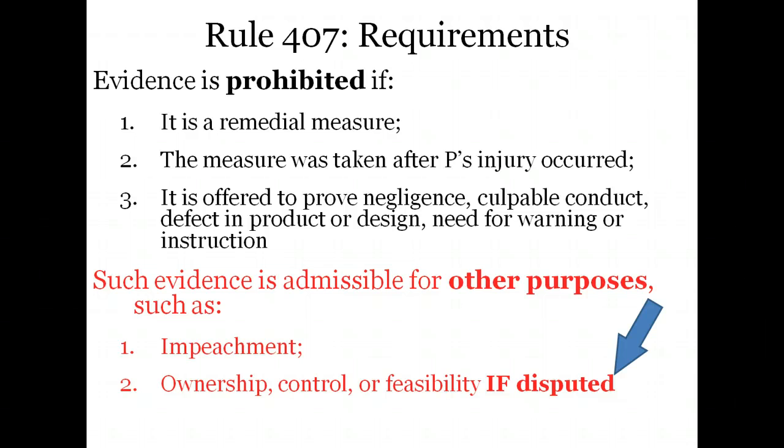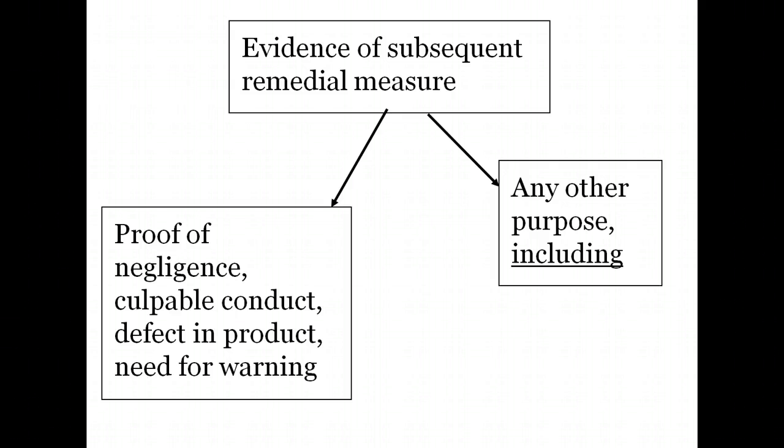Okay, so let's get one last overview of the rule, and then I'll be asking you to take a little quiz on it. So we have evidence of subsequent remedial measure. When that is offered to prove negligence, culpable conduct, defect in product, or need for a warning, it's not admissible. However, if it is offered for some other purpose, then it is admissible.